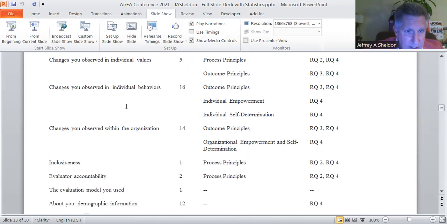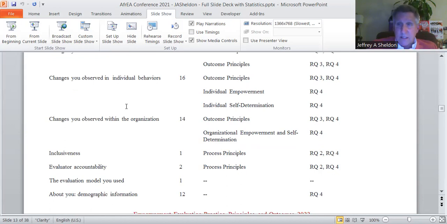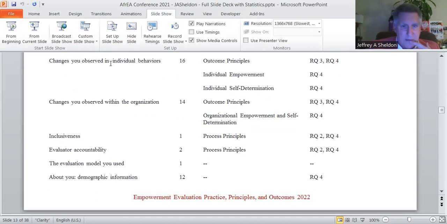Then changes observed within the organization in which the evaluation is taking place, the inclusiveness of the participants, whether or not everyone who wanted to be included was included, the evaluators' accountability to the people that were the participants and the organization in which the evaluation was taking place, evaluation model used, and then demographic information.